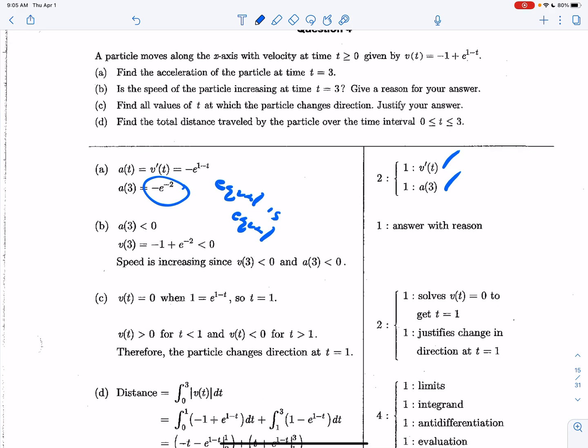So 2003B. Oh, it was a 1-point question. Okay. We showed that acceleration came out negative and velocity came out negative. Speed is increasing since, and we wrote they share the same signs. That's fine. They wrote since v of 3 is less than 0 and a of 3 is less than 0. That's fine too. Even though it's a 1-pointer, it's an easy 1 point that you can get.